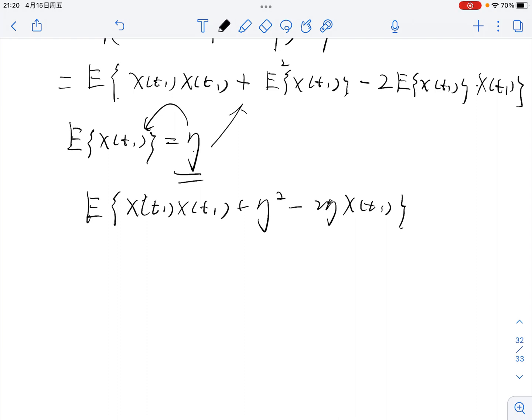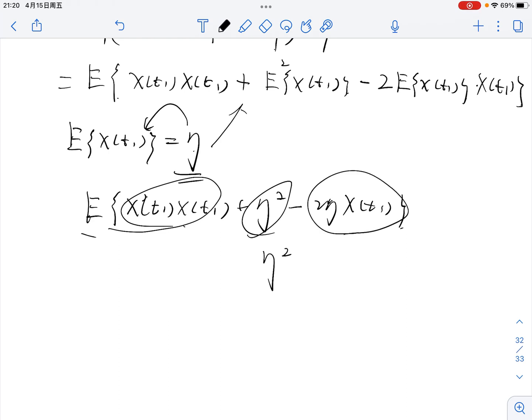If we break down the expectation, this is a variable term and this is a constant term. The expectation of a constant is just eta squared. For the last term, we have 2 eta times the expectation of x(t1), and using the stationary property again, we get an eta here.